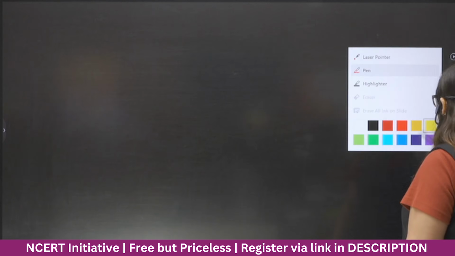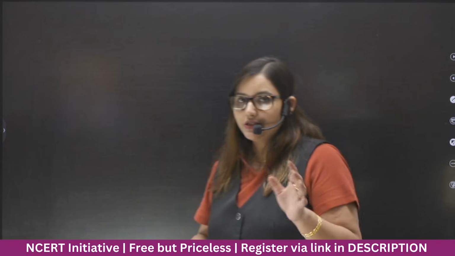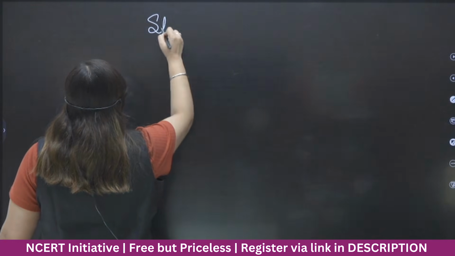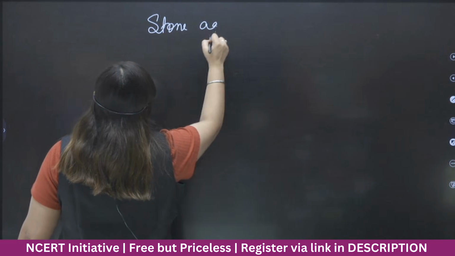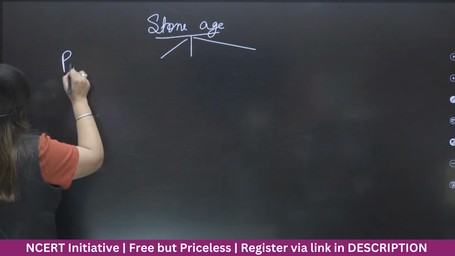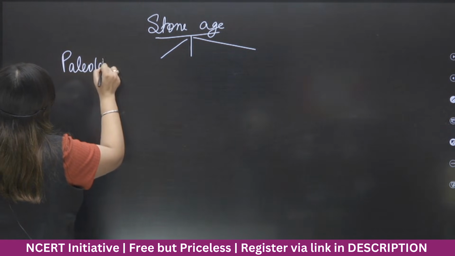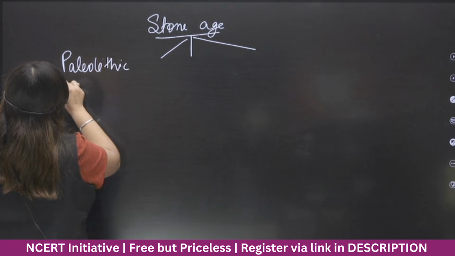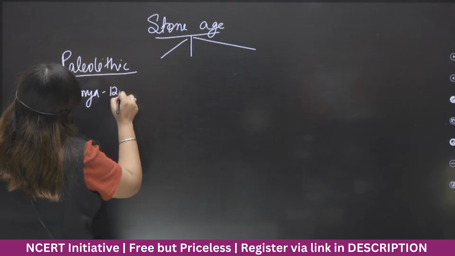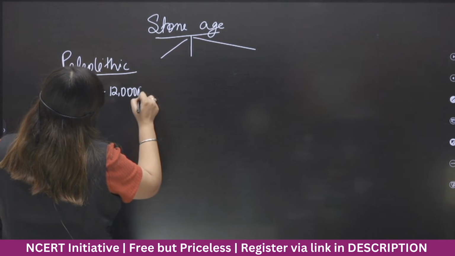As I was discussing with you, we are starting from the Stone Age. Fine. So what I told you, Stone Age is divided into three parts. First is Paleolithic Age, 2 million years ago to 12,000 BC.